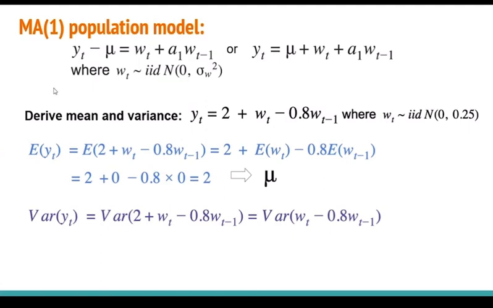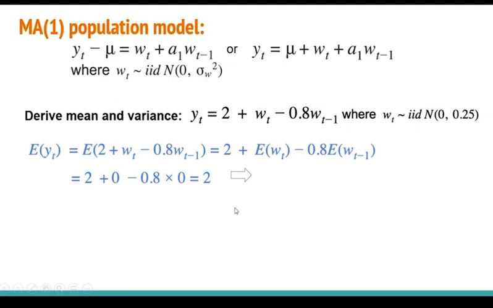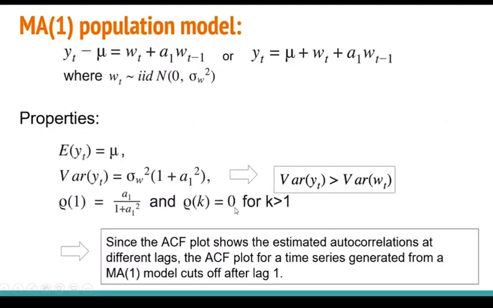Now, if we derived the mean to be equal to 2, how can we derive the variance? If you want to derive the variance, we can go by this form or simply use the formula that I show you here. You just need to identify the variance of the noise and the A1 in your model, and plug that in.